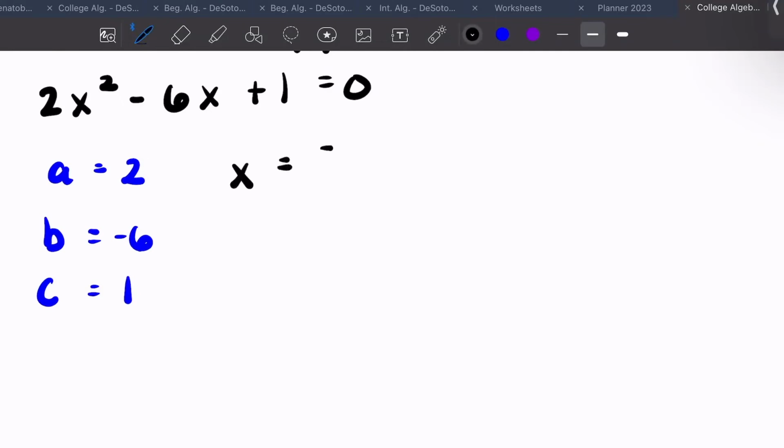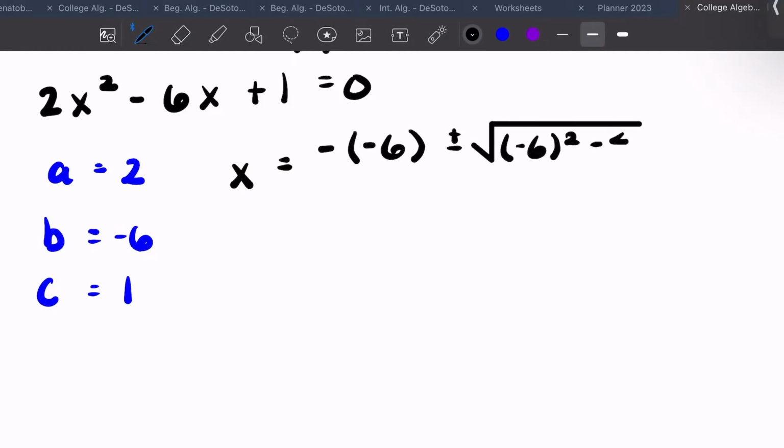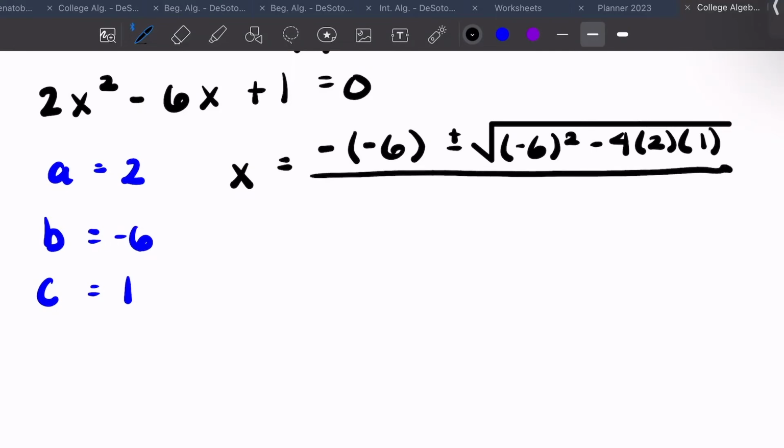So you have the opposite of B plus or minus the square root of B squared, so -6 squared, minus 4 times A times C, all over 2A, which is 2. Okay.